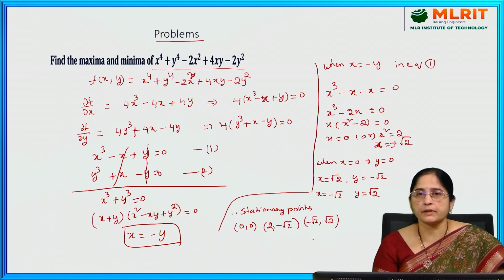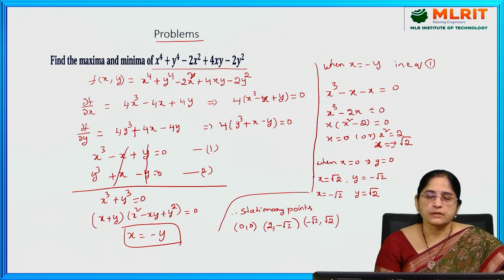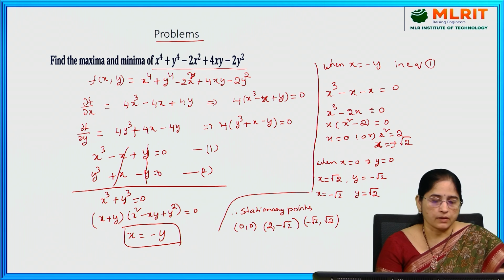For each and every point we have to find out the rt minus s square value. First we can find out the r value. r equal to dou square f by dou x square, that is dou by dou x of dou f by dou x.